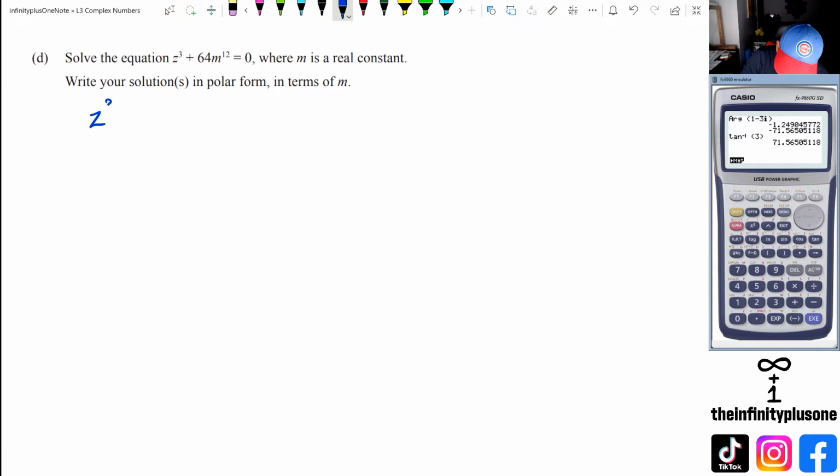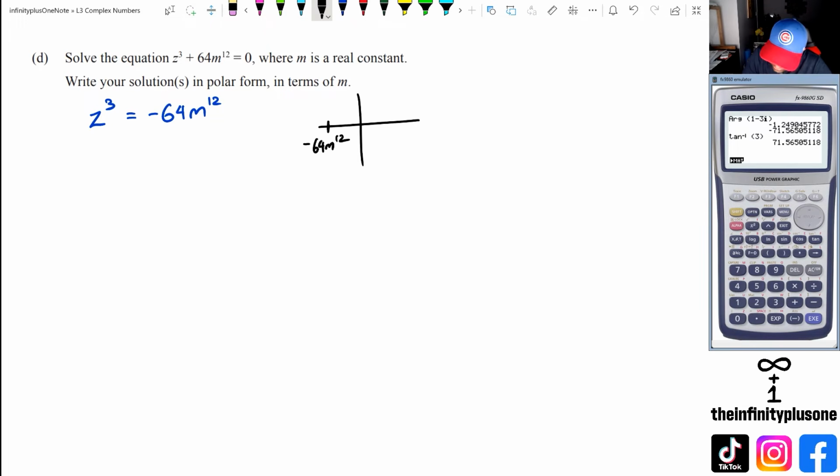The first thing we've got is z cubed is equal to minus 64m to the power of 12. If I was to draw this complex number, it's got no imaginary part, it's just negative 64m to the power of 12, so it's somewhere here.